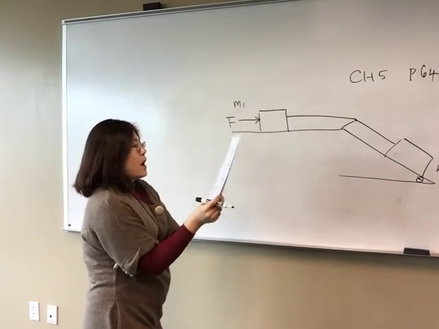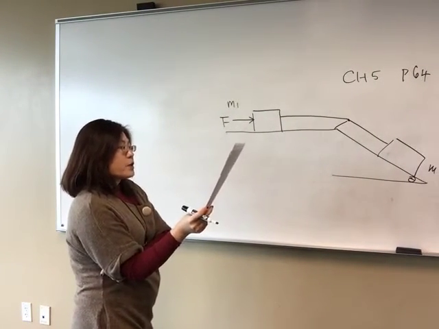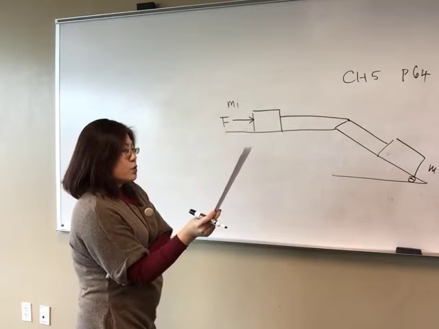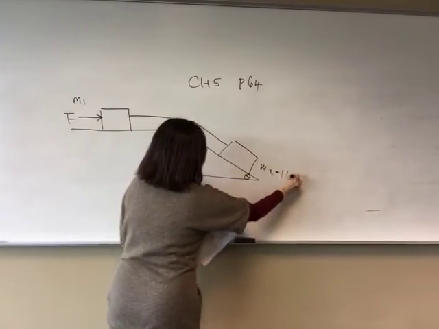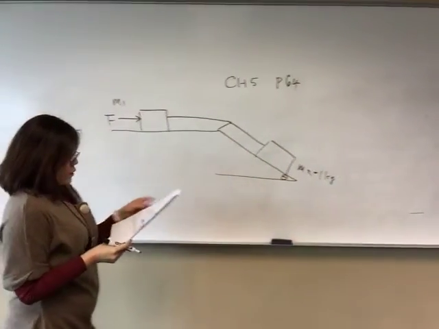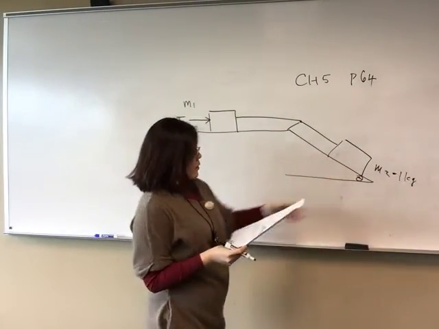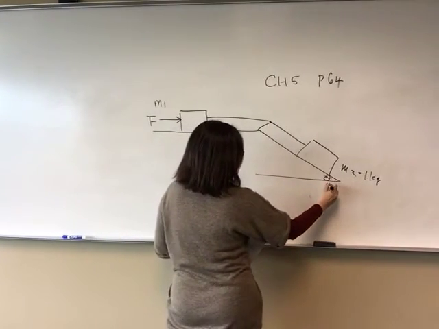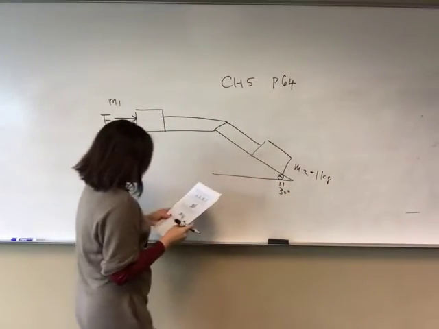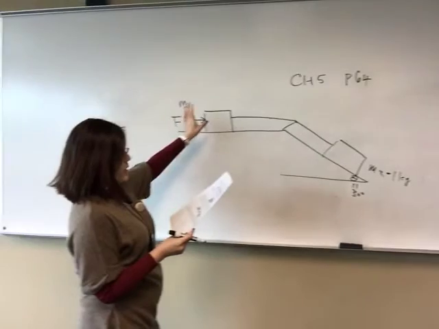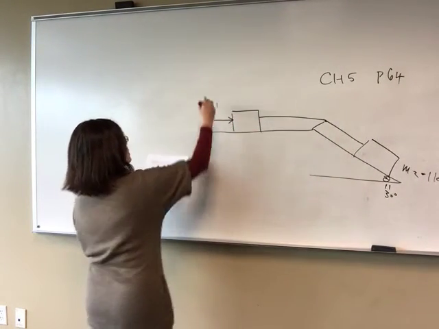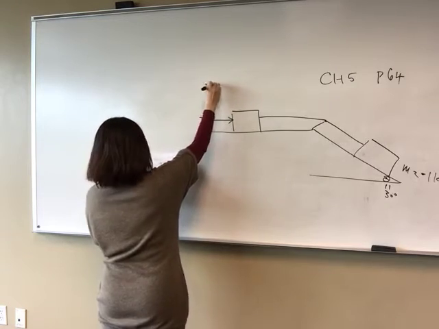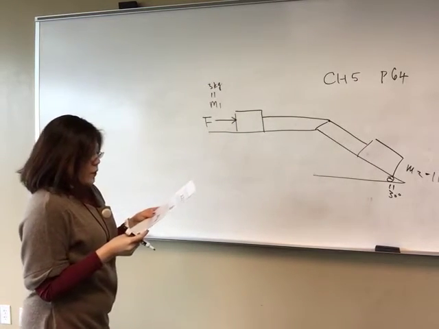Okay, so it shows that a box of mass M2, which is 1 kilogram, on the frictionless plane inclined at an angle that's 30 degrees, is connected by a cord of negligible mass to a box of mass M1, which is 3 kilograms, on the horizontal frictionless surface.